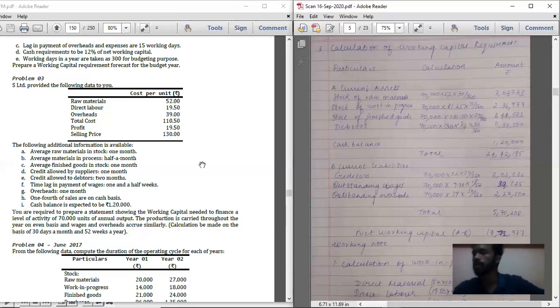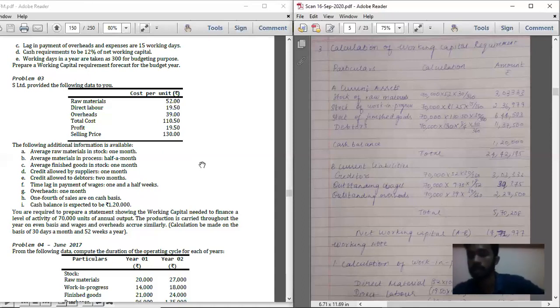Understand it: 70,000 is the total units and 130 rupees is the selling price per unit. So 70,000 into 130 into 3/4 into 2 months, so 60 divided by 360. In the calculation column, put 70,000 into 130 into 3 divided by 4 into 60 divided by 360.